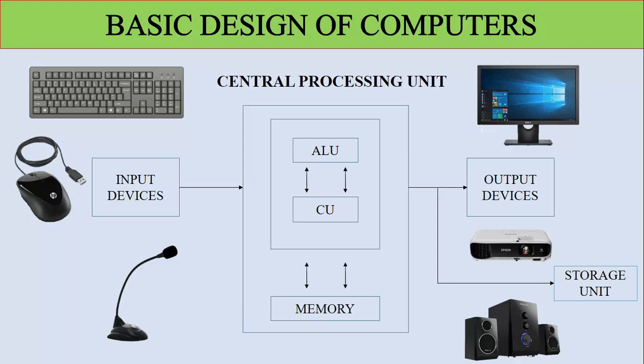Now let's learn about this in depth. First is the central processing unit. All computers have a system unit that contains the main circuit board of the computer called the motherboard, along with many other important components. The motherboard contains the most vital part of the computer called the central processing unit, CPU.